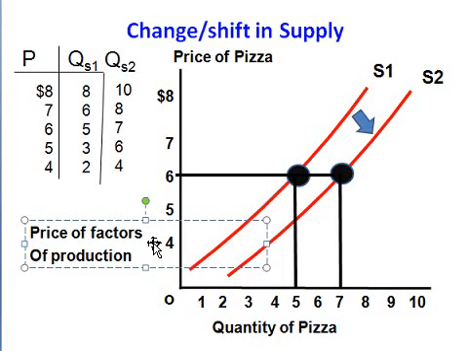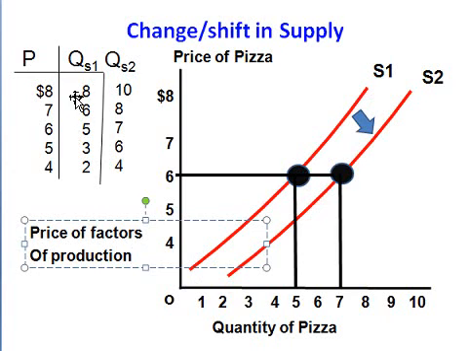As a result, the producer can produce more and make more profit because the cost of production dropped. And when the producer can make more profit, the entire supply curve can shift right.